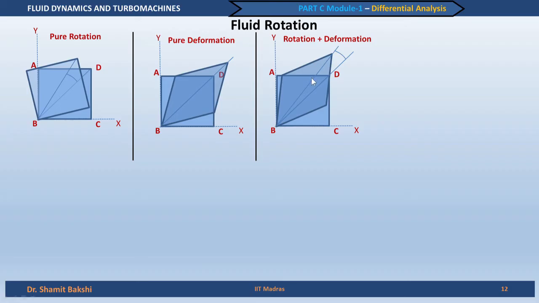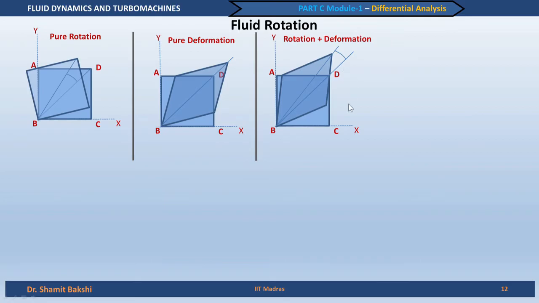So, essentially this is what we mean by fluid rotation with respect to a fluid particle or a fluid element. Now, like we did for deformation, let us see if we can find out the value of this rotation, how much is the rotation of the fluid element.